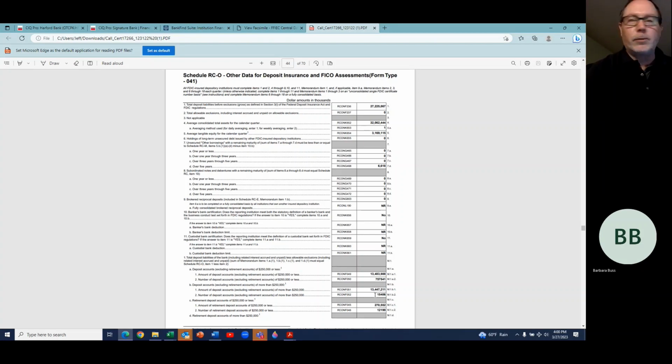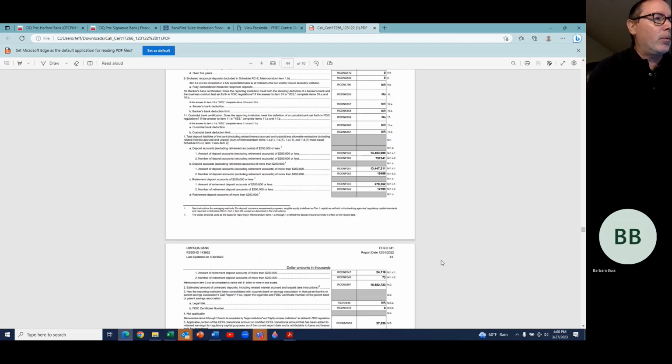It'll be one account for $250,001, but $250,000 of it's insured. Likewise, you scroll down to the next page of this report, and you'll see in retirement accounts of more than $250,000, we have $24 million in 73 accounts.